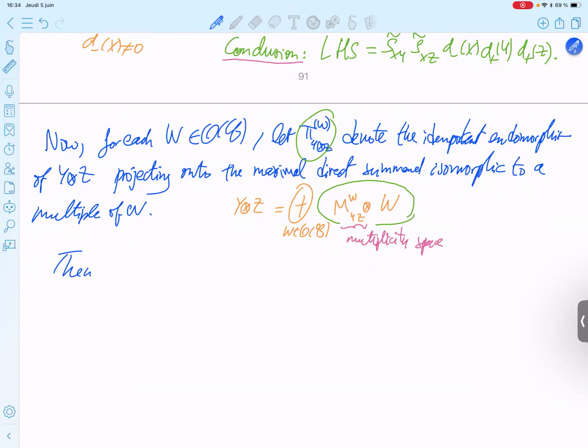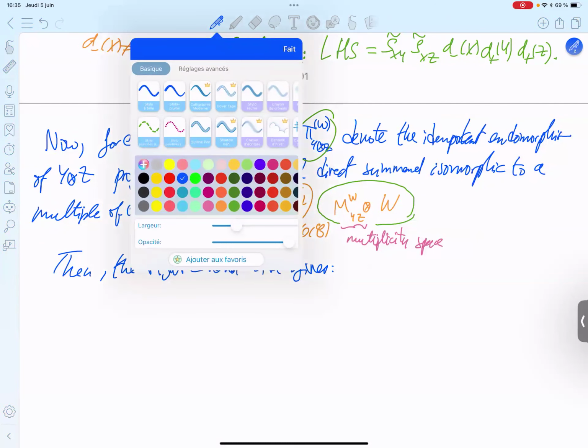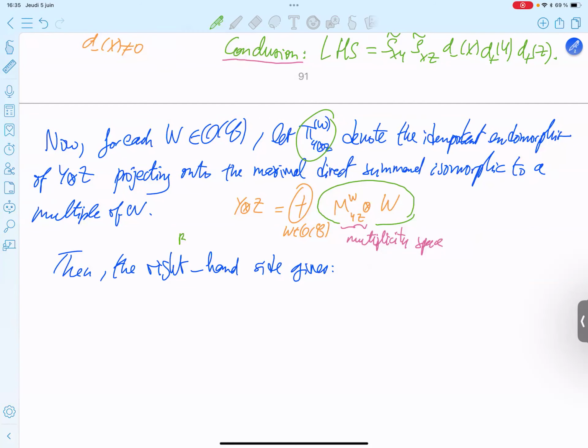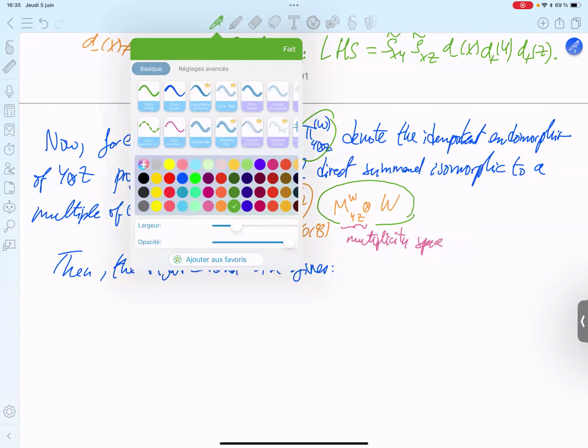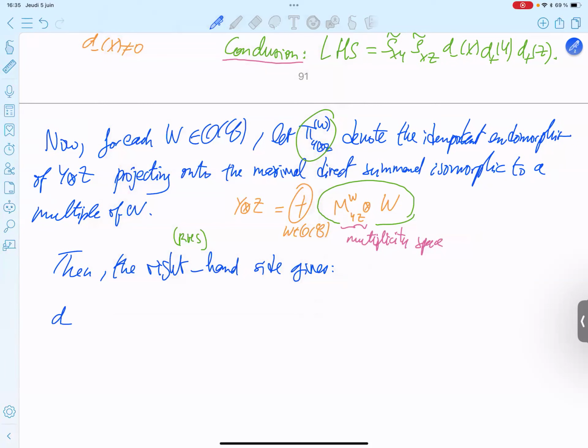So then the right-hand side gives the following formula: d minus of x, sum over the simple trace plus identity.